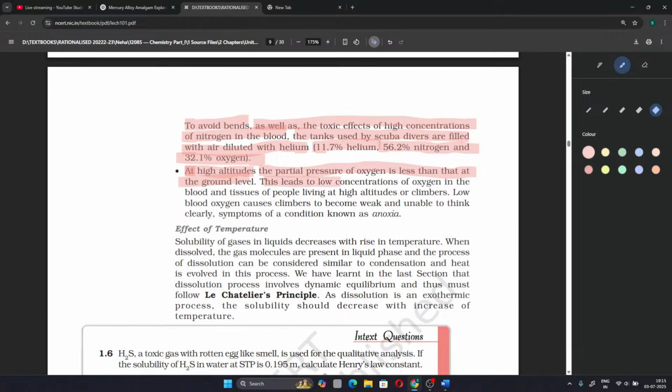This leads to low concentration of oxygen in the blood and tissues of people living at high altitudes and climbers. Basically, at high altitudes, the partial pressure of oxygen is less than that at the ground level. Okay, this leads to low concentration of oxygen in the blood and tissues of people living at high altitudes or climbers.